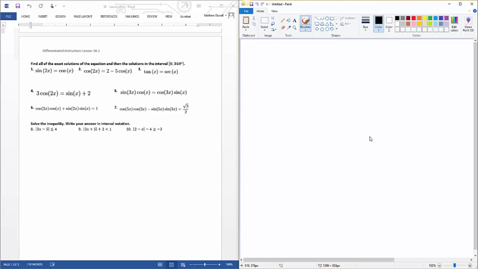For number 3, tangent x equals secant x. I want to change everything to sines and cosines. So I get sine x over cosine x equals 1 over cosine x. Now I want to multiply both sides by cosine.